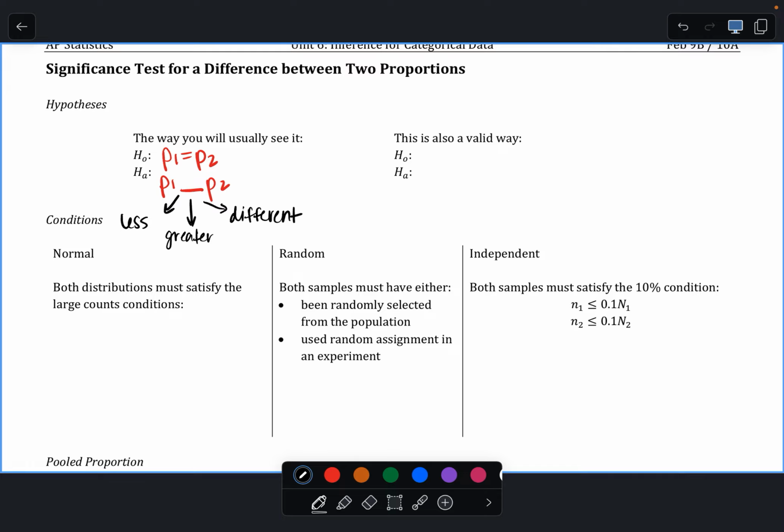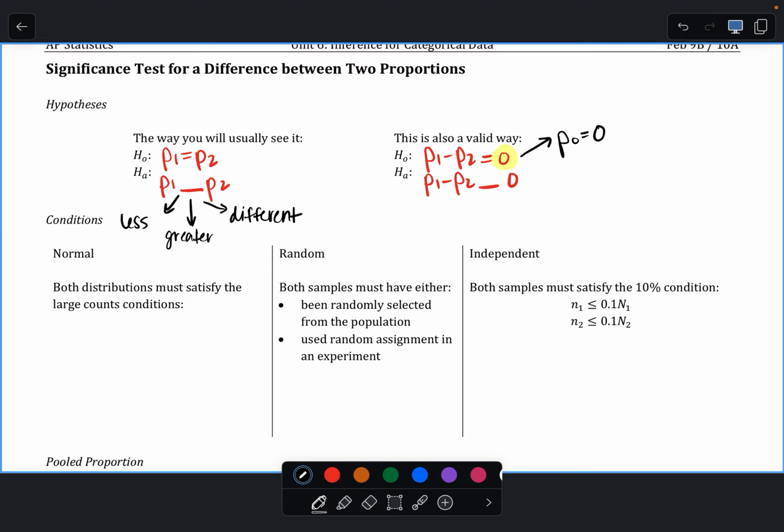One other way that they will sometimes write these hypotheses on your test is they will do P1 minus P2 is equal to 0, or P1 minus P2 less than, greater than, or not equal to 0. The only reason it gets written this way sometimes is because when it's written this way, we can take from it that our P naught should be 0.